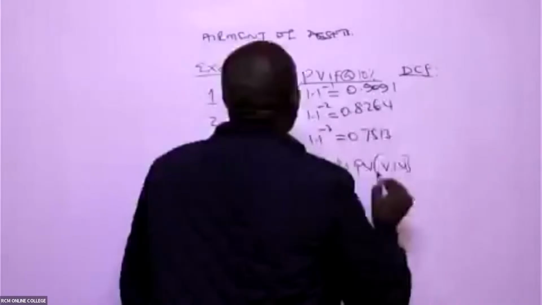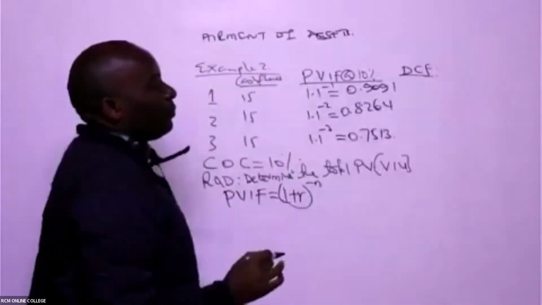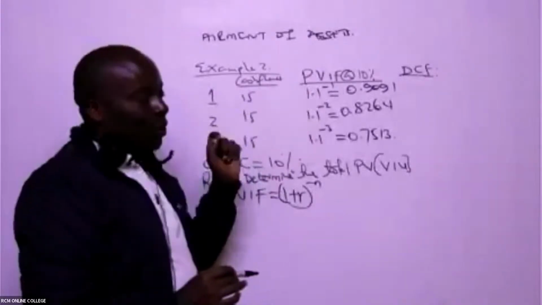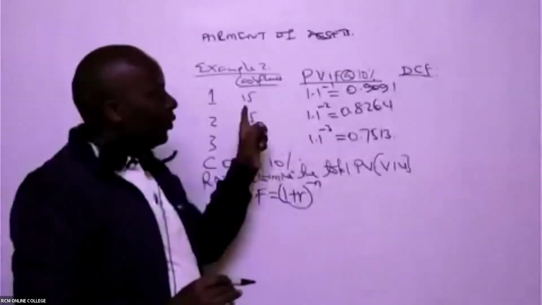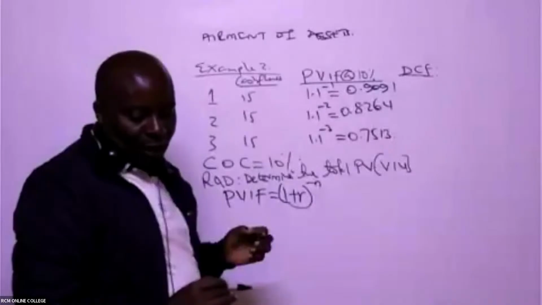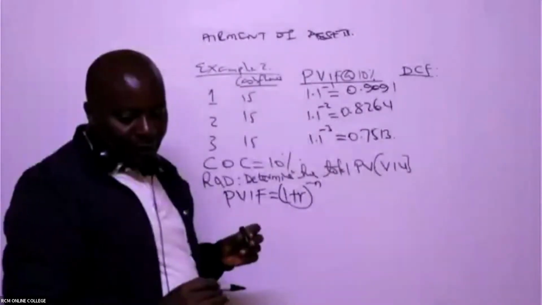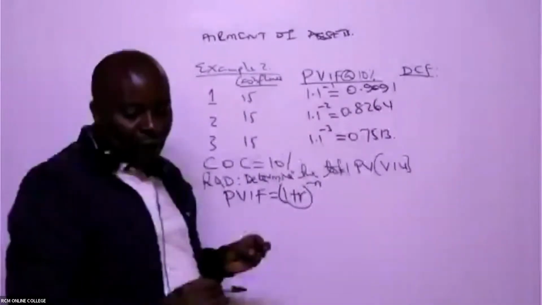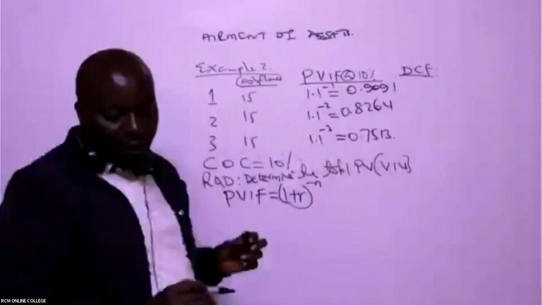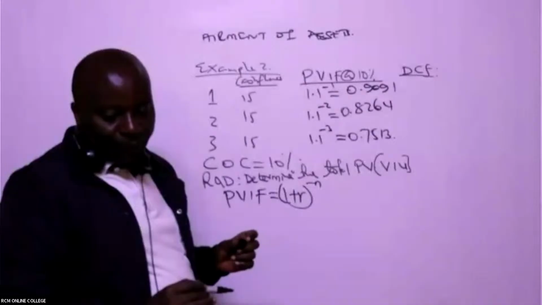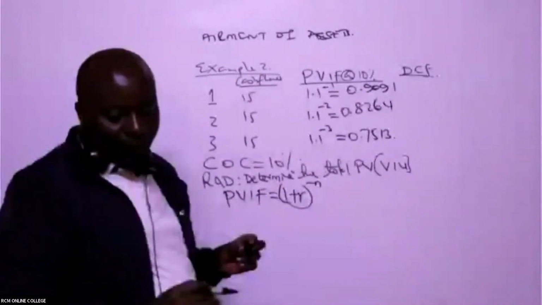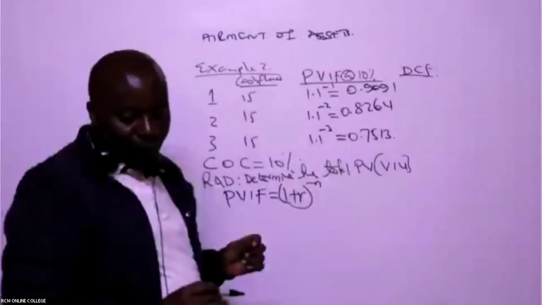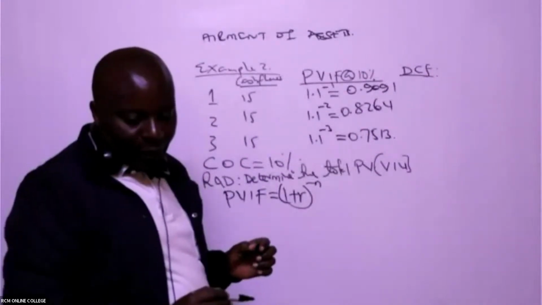Then come and give me the discounted cash flows. So cash flows with the discounts. 15 times 0.9091. What are we getting, ladies and gentlemen, here? $13.64.